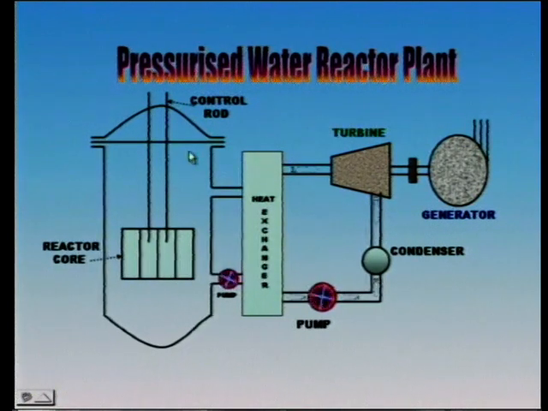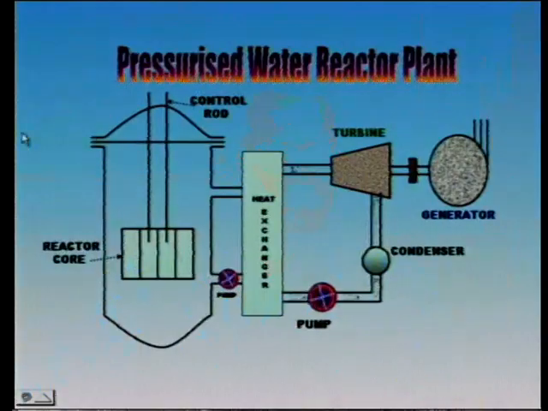This process continues. Now, we might be getting a doubt, the water is flowing, so does not the water get converted to steam? No, the water does not get converted to steam, because the pressure at which the water is sent through the reactor core is very high.